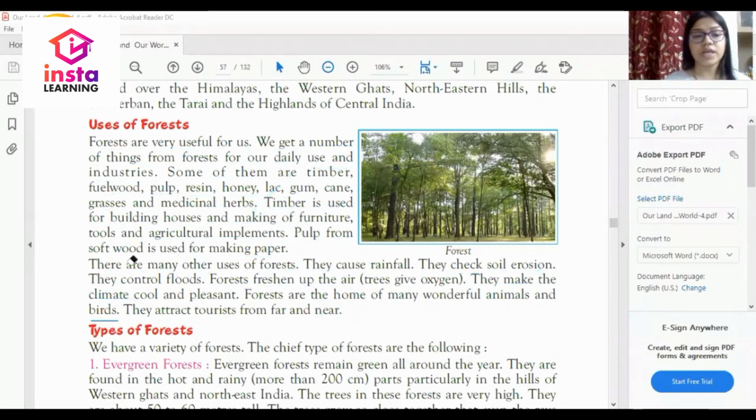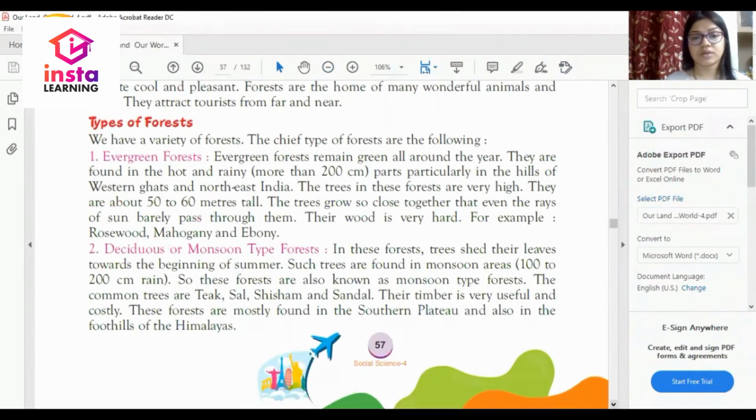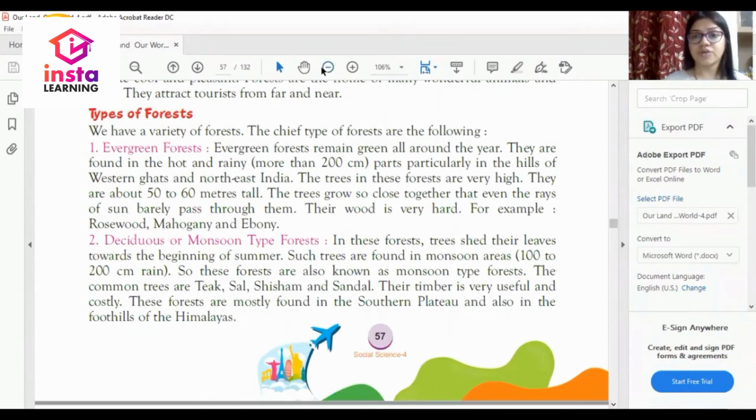Dear student, let's discuss the types of forest. Yes, student, as you all know, we have a variety of forests. The chief types of forest are, number 1, evergreen forest. What are the evergreen forests?